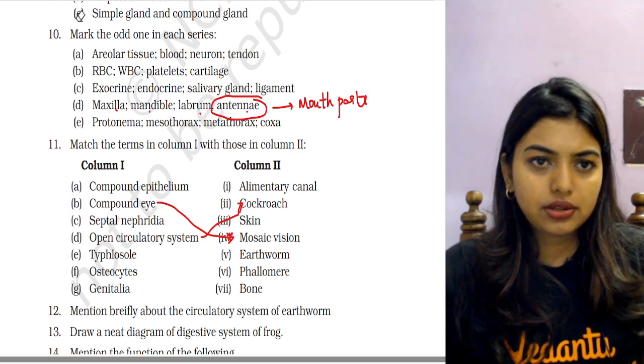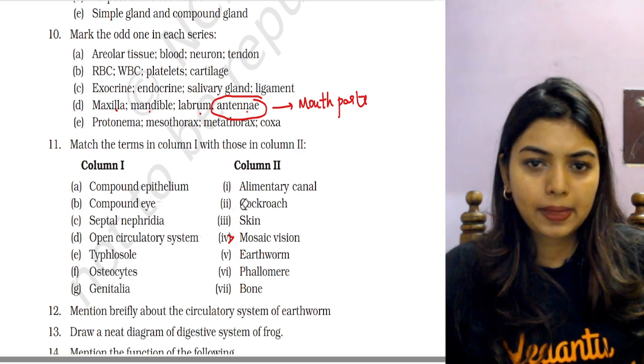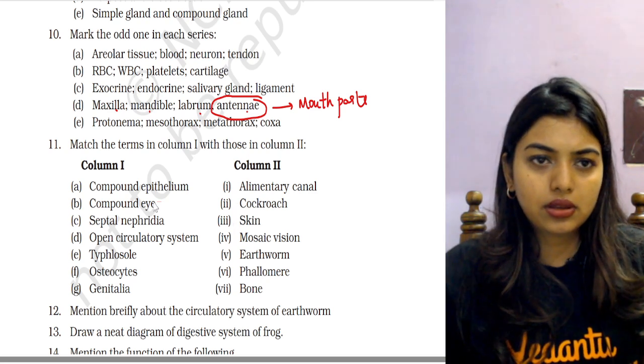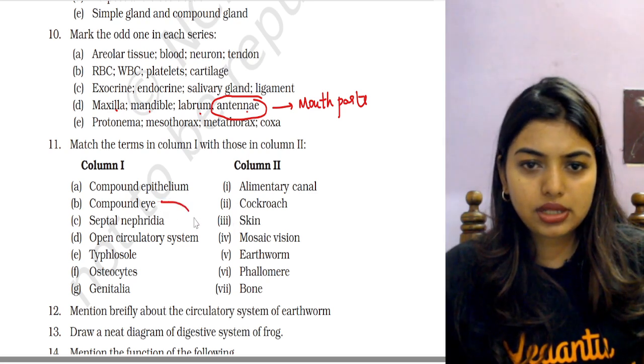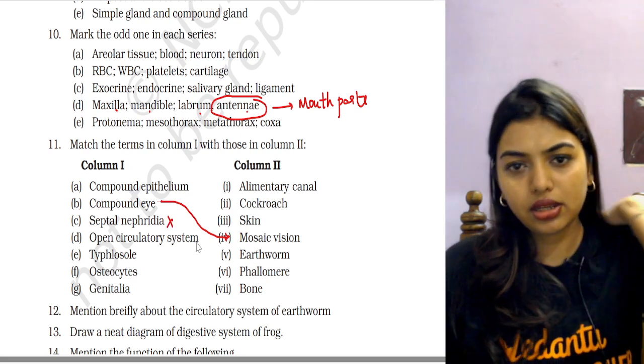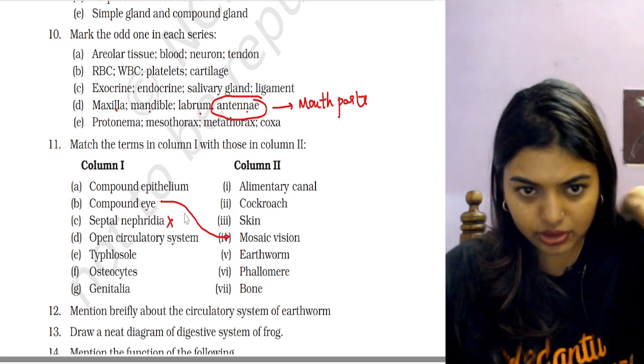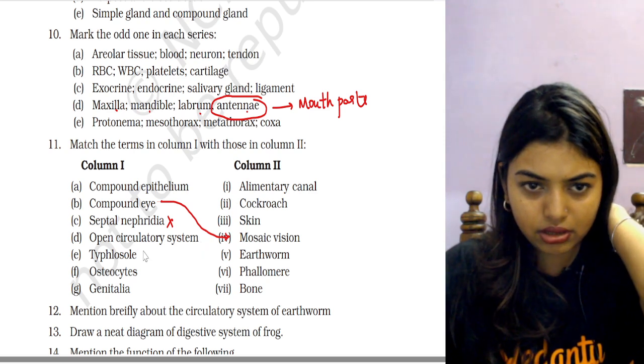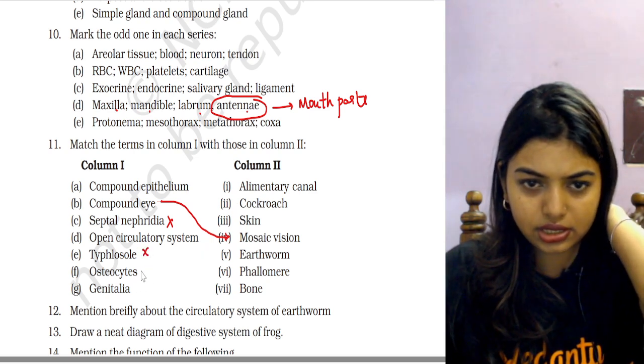Here compound eyes is going to be mosaic vision. Okay, this we don't have. Compound epithelium, you don't have to worry. This also don't worry. Osteocytes is in bones.